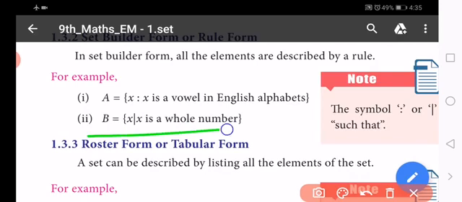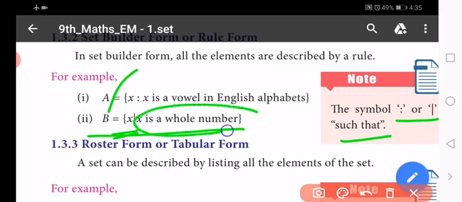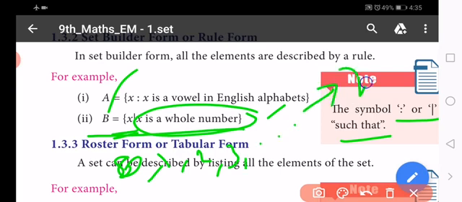And the second example, the set is B. We read it as the set of all x such that x is a whole number. From the example, all whole numbers 0, 1, 2, 3 and so on we take as x.